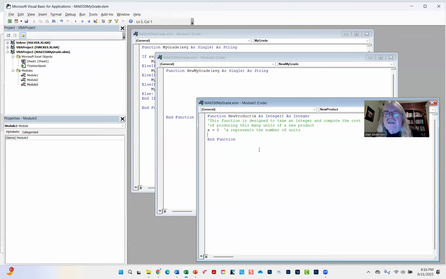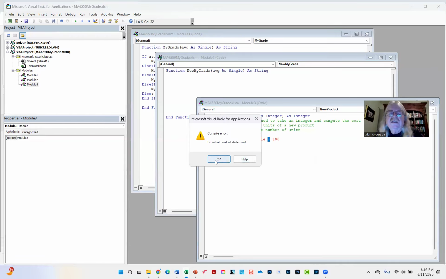And then you might say something like dim quantity as integer, which maybe you'll use to represent the number of units of the product that you're building or something like that. Dim per unit cost as single. I think it'll allow you to set it to a certain value right off the bat. Let's see.